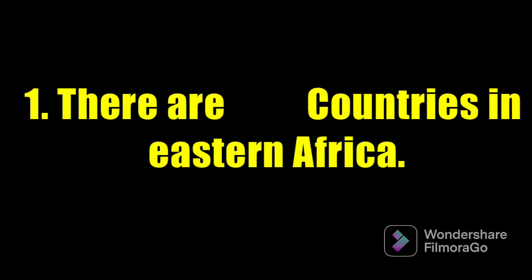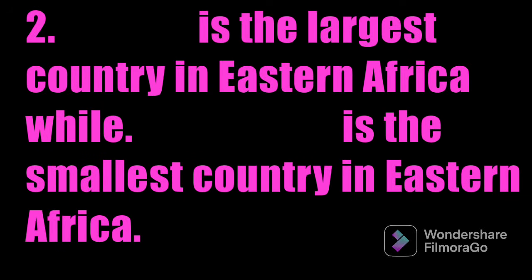There are dash countries in Eastern Africa. 11. The countries of Eastern Africa are 11. Dash is the largest country in Eastern Africa, while dash is the smallest country in Eastern Africa.